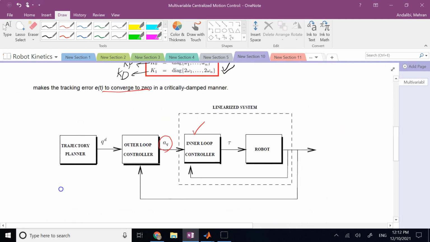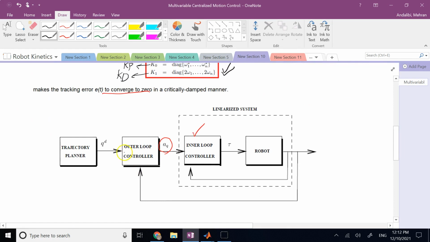Correct? So now, as you can see, this outer loop controller takes the Q desired and then generates what in it? Generates QD double dot in it. Also, when it receives Q and receives Q dot, here it subtracts and generates what? Generates the error.